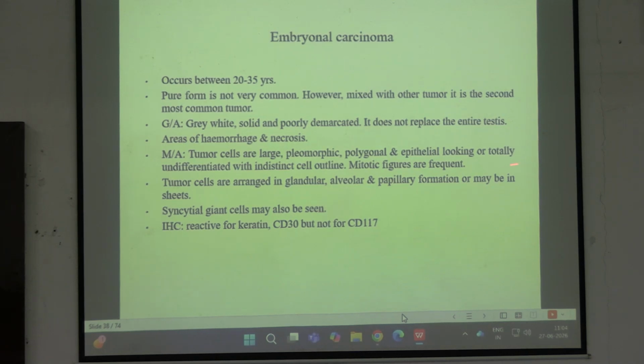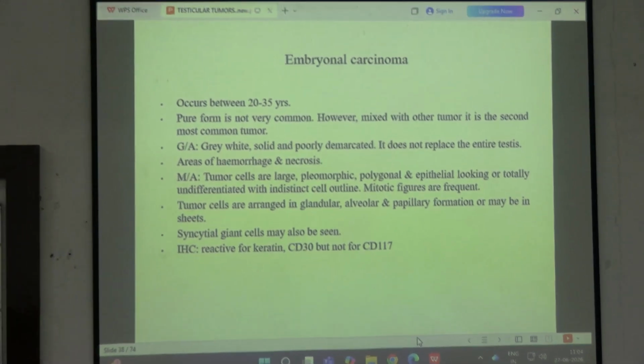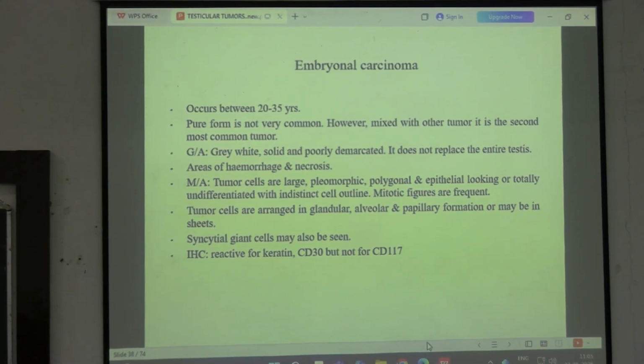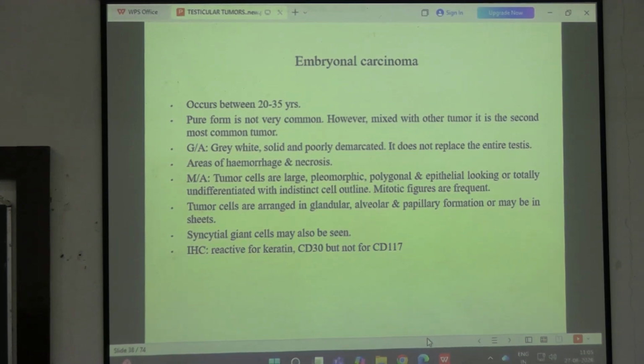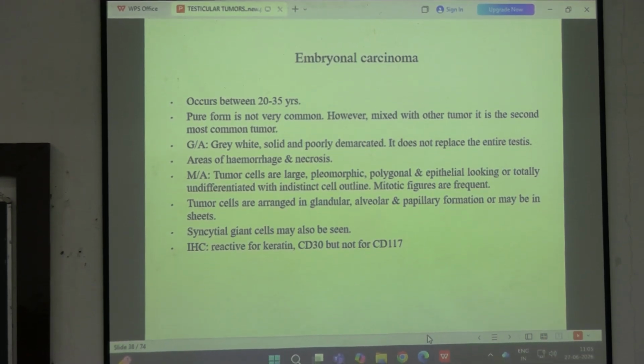Polygonal and epithelial looking with distinct cell outline, or they can totally look undifferentiated like a poorly differentiated carcinoma. You cannot make out the origin of this kind of tumor. Sometimes it is so poorly differentiated that you will have to use IHC markers to make out actually what tumor it is. Mitotic figures are frequent.